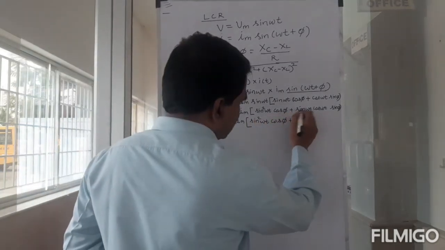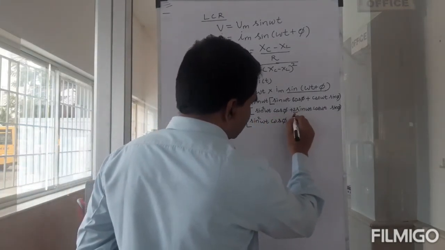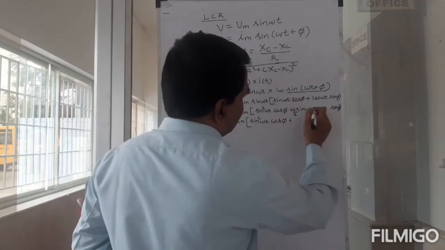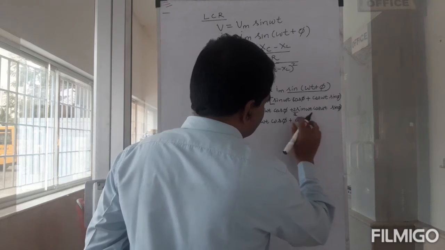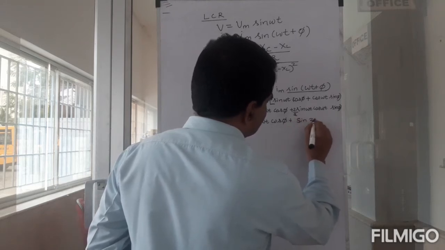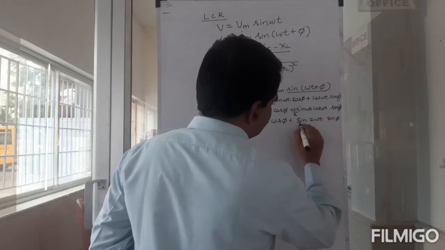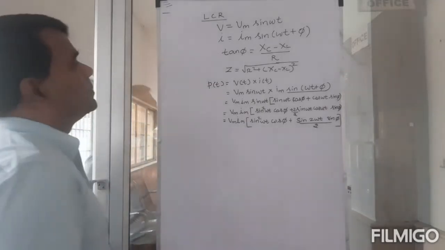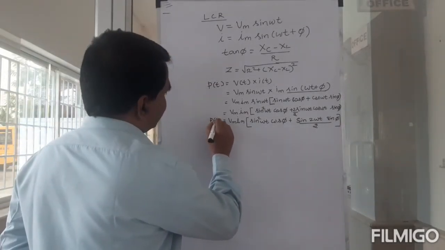I can multiply this by 2 and divide that by 2, then 2 sine a cos a is sine 2a, so this would be sine 2 omega t and then sine phi by 2. Okay, so this is my instantaneous power.